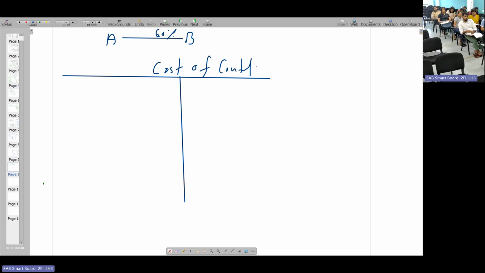Double entry. Cost of control debit first. Investment credit. ඒක account එකේ තියෙනවාද? හරි, investment credit. Then investment credit. ඊළඟට double entry.